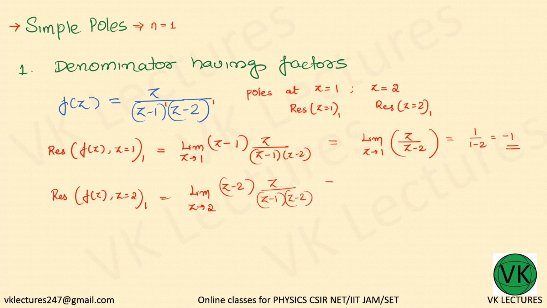Here z minus 2 and z minus 2 get cancelled, so the limit z tends to 2 of z divided by z minus 1. When I put z equal to 2, that is 2 divided by 2 minus 1, which is equal to 2. So the residue of the function f of z at z equal to 1 is minus 1, and at z equal to 2 it is 2.